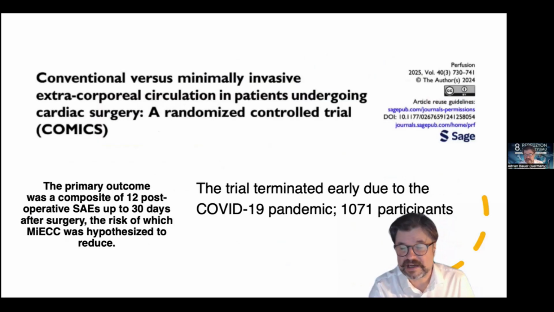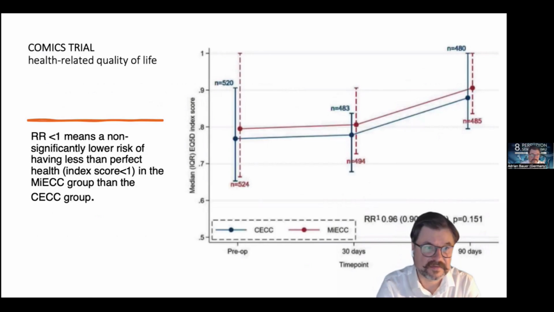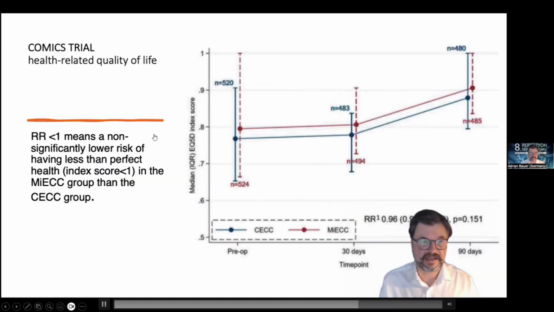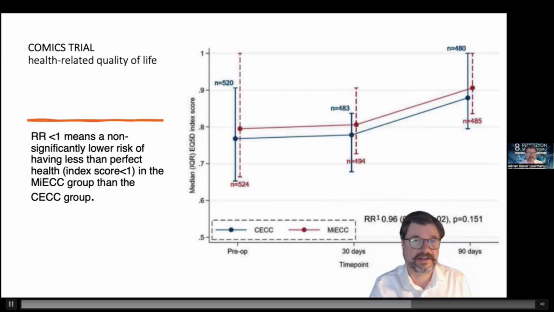The COMEX trial, I already mentioned that, was stopped after 1,071 participants, but what they could show is a lower risk of having less than one perfect health index score in the MiECC group compared to the conventional group, which is also a very interesting thing. I think we should look more at health-related quality of life, not only at bleeding amounts and all that stuff.